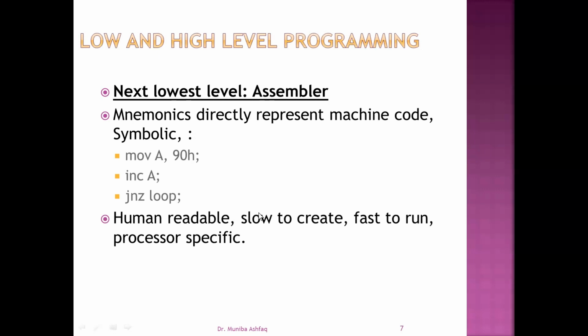But still, it's slow to create and it's processor specific. Still, at this point, we need some translator programs, which are called assemblers, and that are used to convert any assembly language programs to machine language, which is understandable by the computer.